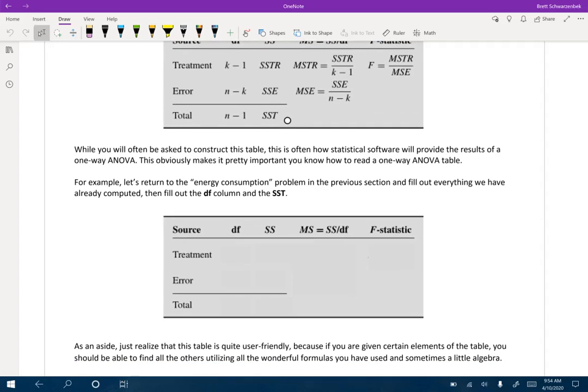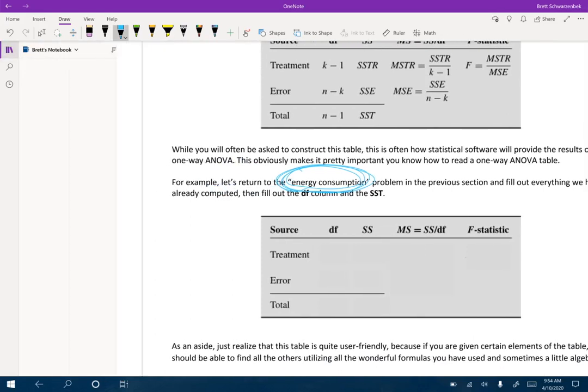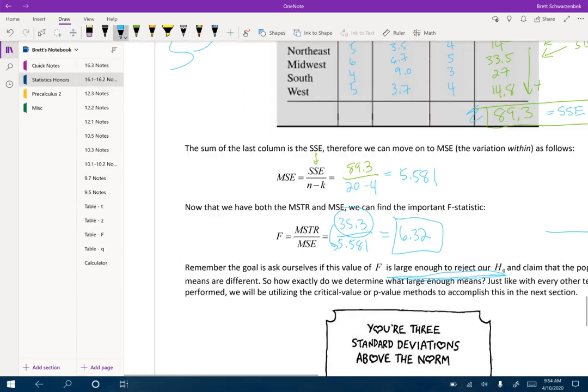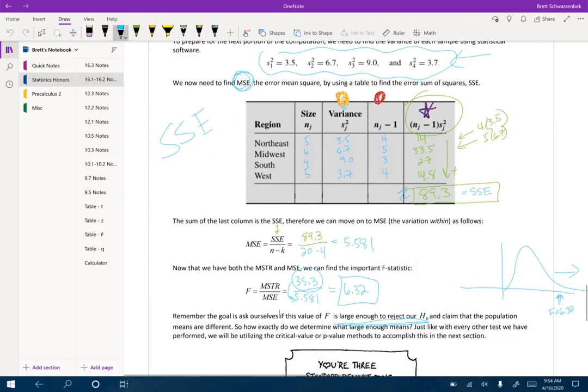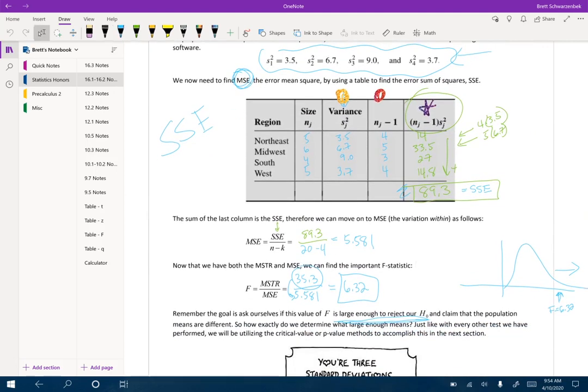We're going to go back to the energy consumption problem that we talked about in the previous section and start filling some of this out. Just as a reminder, I'm going to go back to that lesson. If you recall, we actually calculated a bunch of these things. For example, F right here was 6.32. We have MSE is 5.581.